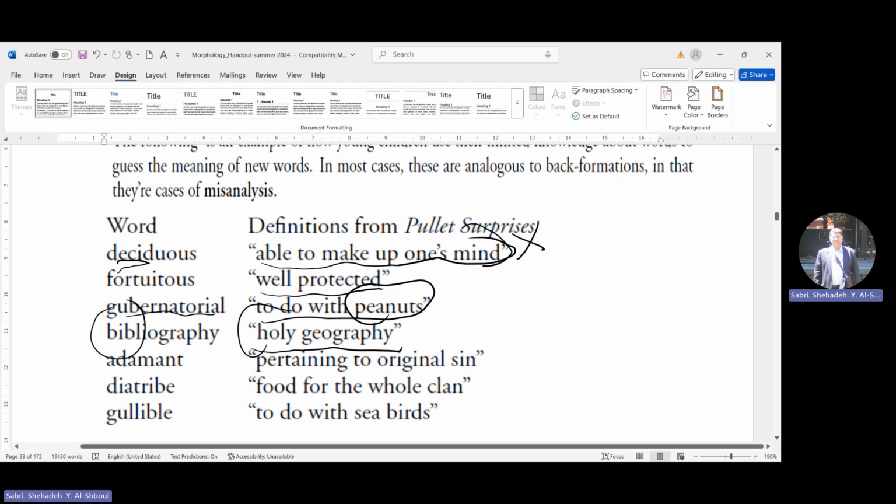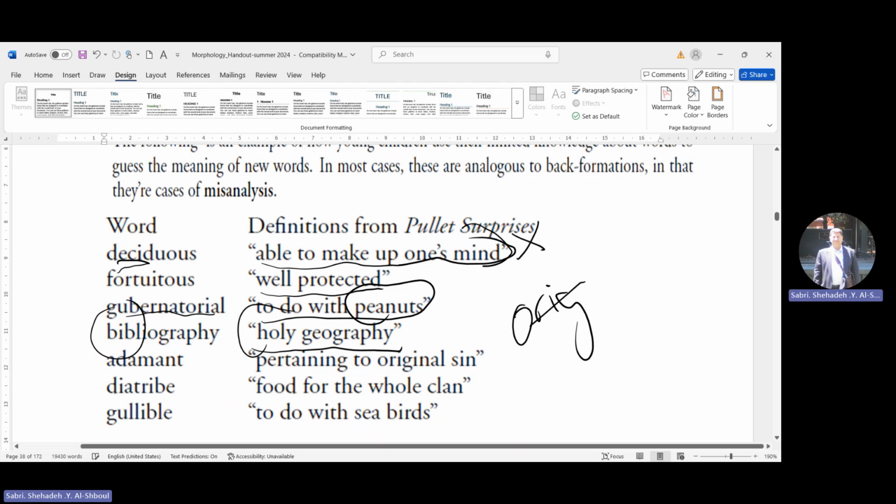The same applies to adamant. Adamant means inflexible, rigid, solid, stiff. But when they saw adamant, they thought it is related to Adam, peace be upon him, taken from Adam, or in the Christian tradition, the original sin.